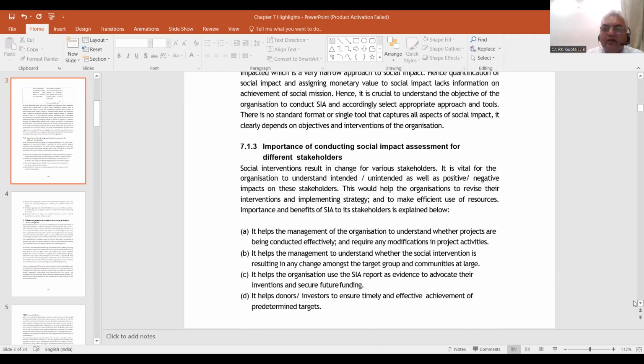So they can accordingly modulate their strategy regarding any change in the target group. Because the idea is to bring a change in the lives of people. This is the purpose of any social enterprise. So whether that change is happening or not, that is also the advantage of getting this social impact assessment done.